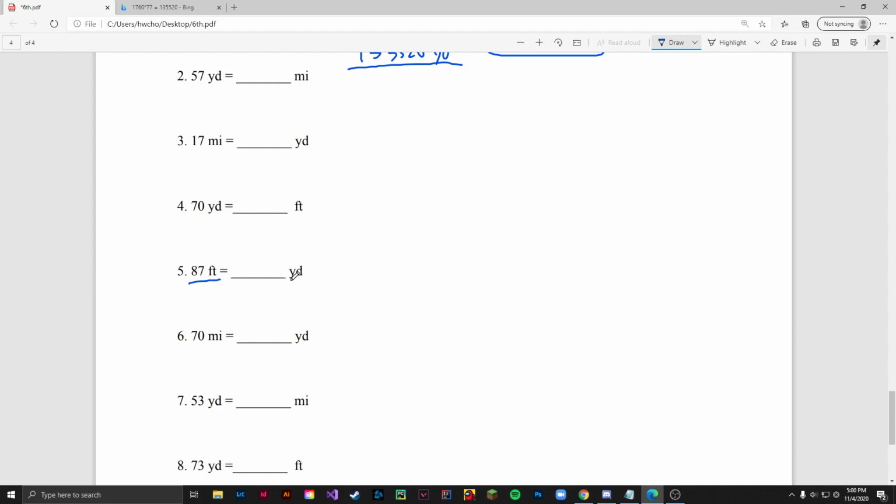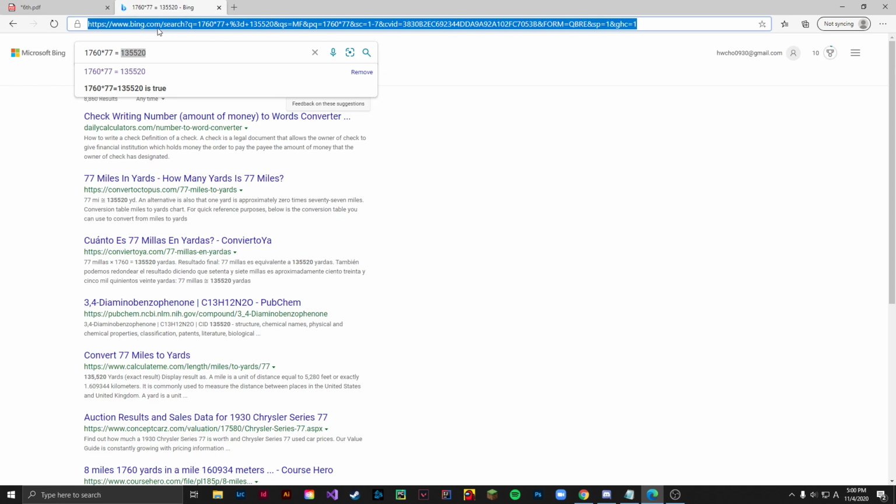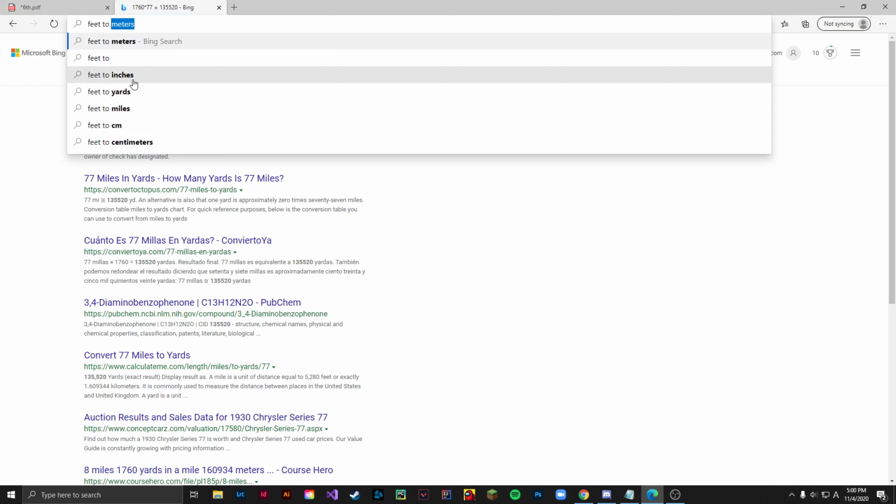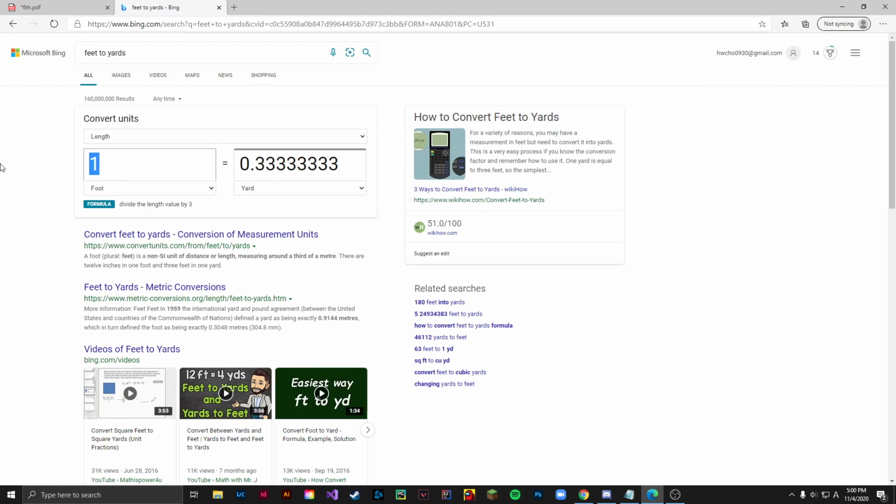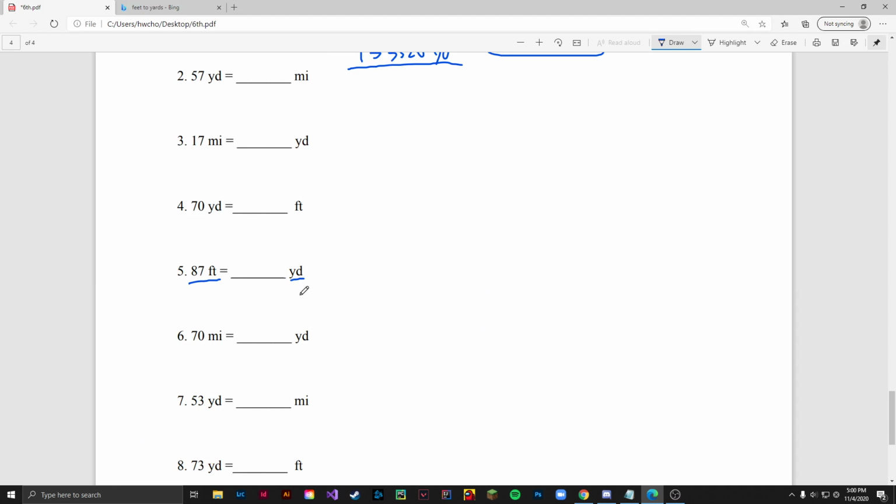Right here, 87 feet to yards. Okay, let's do this again. Feet to yards. 3 feet per yard. 87 feet. If we put it on the top, that's not going to work because you can't cancel like this when you're multiplying.